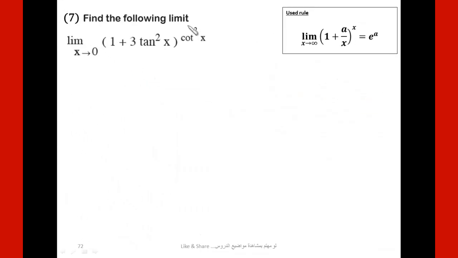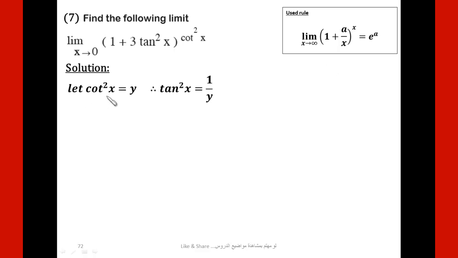7. Find the following limits. Limit of 1 plus 3 tan square x, all power cotan square x, when x tends to 0. And also we will use this form of the limit we studied already in the previous lesson.